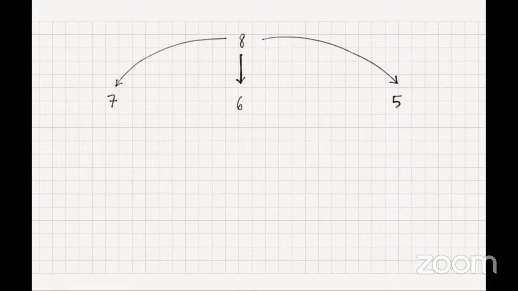Let's dig a little bit deeper into what happens when you have 5 tokens left on the table. From here, again, if you remove 1 token, you're left with 4. If you remove 2, left with 3. And if you remove 3, you're left with 2.